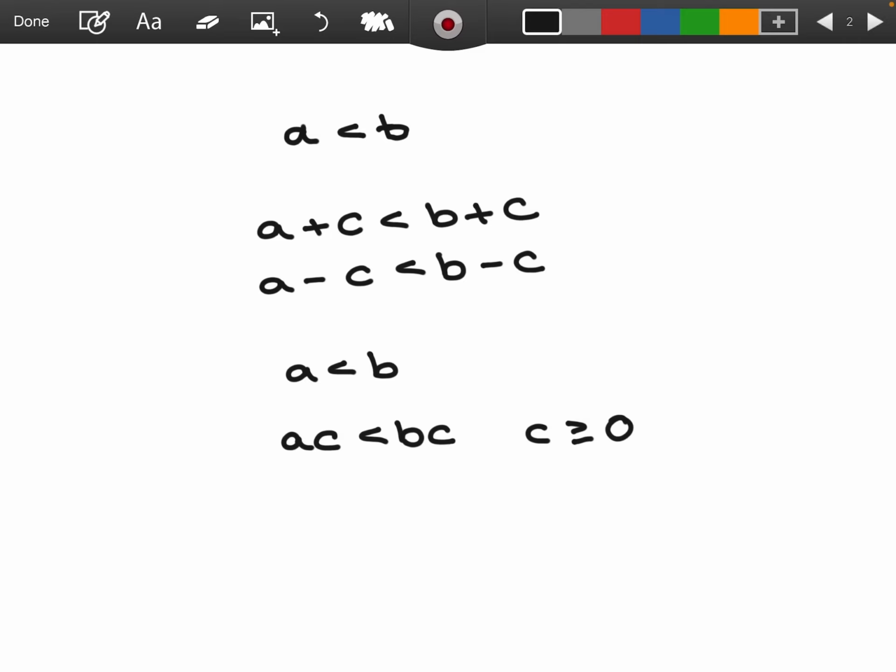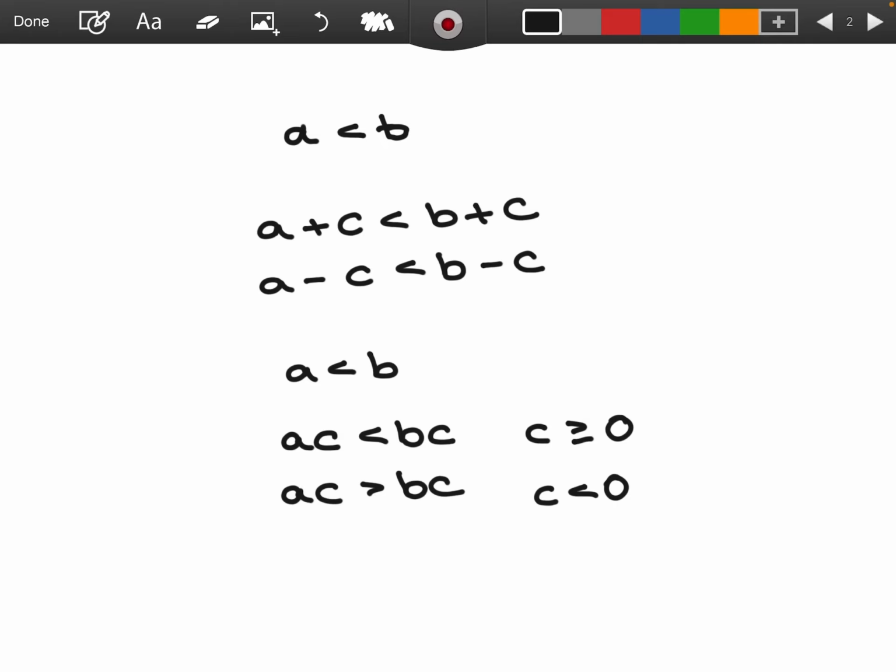Okay, you do not have to do anything to the inequality as long as you do it to both sides and that value C that you are multiplying by is positive, then this is true. The problem that you have is if C is negative, so if C is less than 0. If that is the case, then we have to actually reverse our inequality.